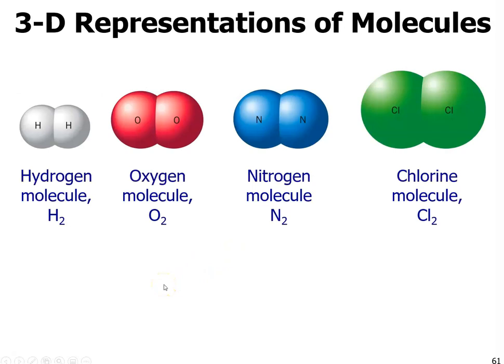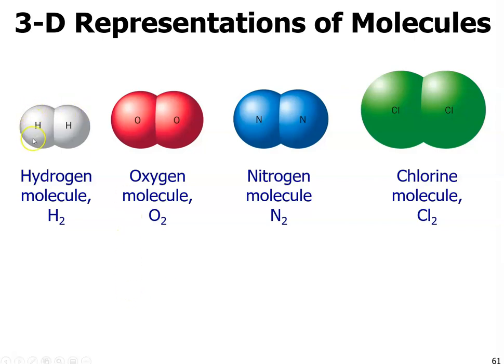Looking at a 3D representation, this is where a molecule makes a connection or creates a compound. We're going to talk about different types, but these are molecular compounds that are sharing electrons. Remember I talked about that sphere representing the electron cloud around the nucleus.